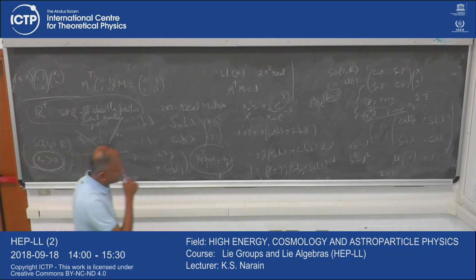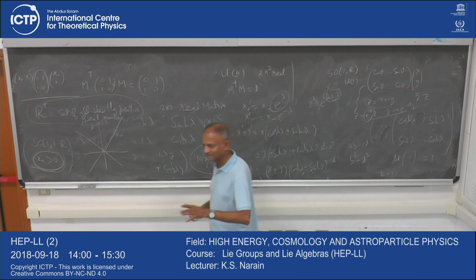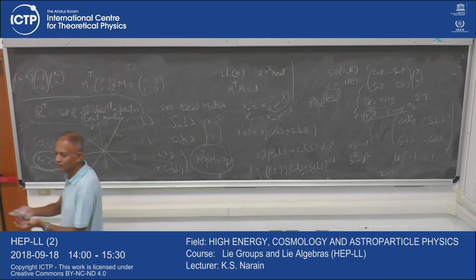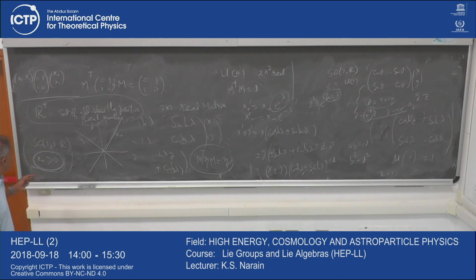So this subtlety was not there in the Euclidean case. In the Minkowski case, there is a notion of time-like directions or space-like directions, no? Those are invariant under the Lorentz group, because this thing, x square minus y square, was a length square. This could be positive or negative, no?